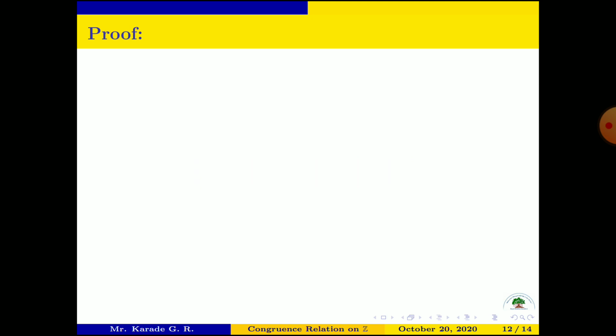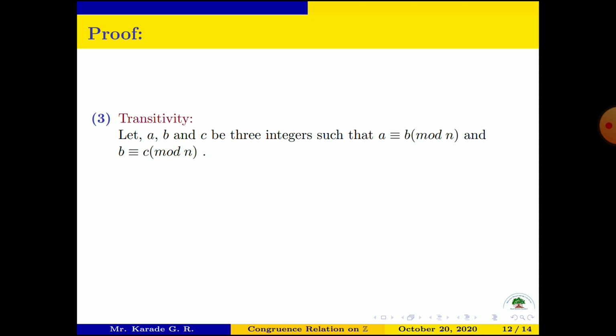Now let us prove the third property, transitivity. Let a, b and c be three integers such that a is congruent to b mod n and b is congruent to c mod n.